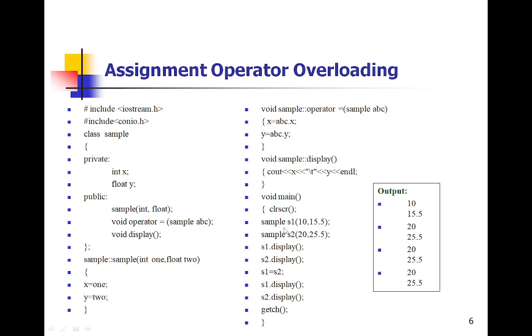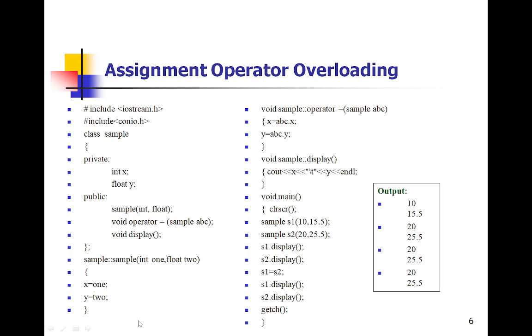Whenever the object is created and we pass some arguments, the control will switch over to the class. The name of the class is Sample, and within the public section we have declared a constructor that takes two values, one of integer type and the other of floating point type.